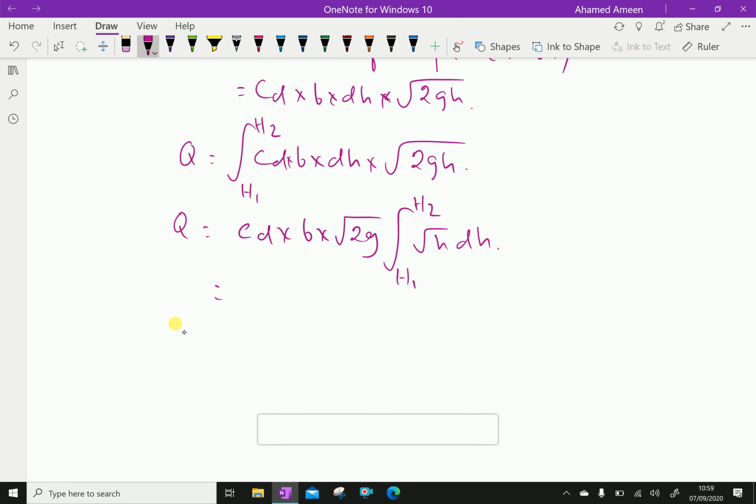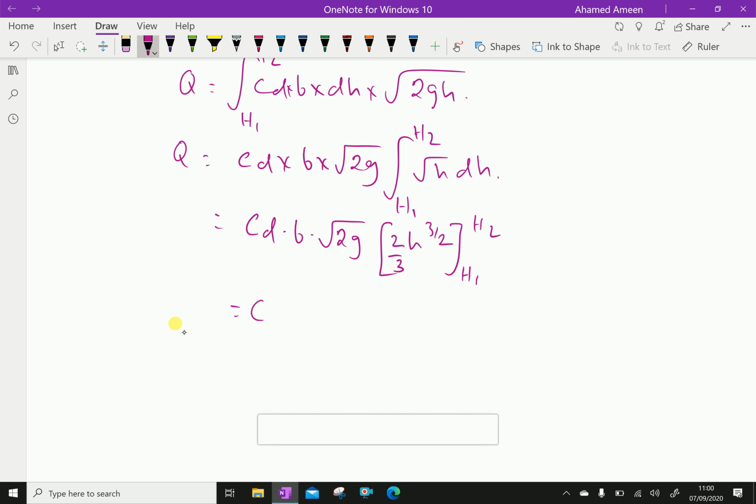So, which is equal to CD into b into square root of 2g, and square root of h is h to the power of 1/2, integrating gives h to the power of 3/2 divided by 3/2, which is 2/3 multiplied, from h1 to h2.